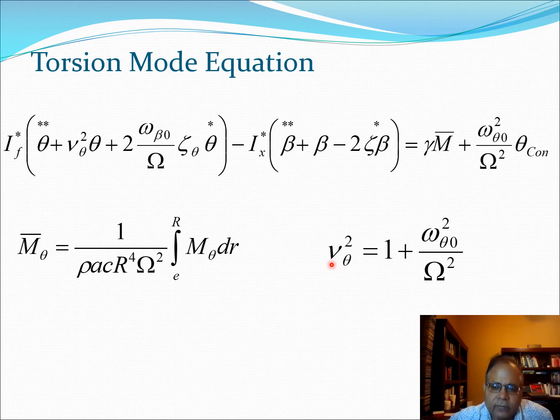So again, like I mentioned before, the torsion frequency tends to be somewhat large, 3 to 4 per rev. That is because the torsion stiffness component is relatively large. So 1 plus some number equal to 2, 3, 4, 5 may be there, so that when you take the root of this, it comes to 3 to 5 per rev. That's a typical torsion frequency.